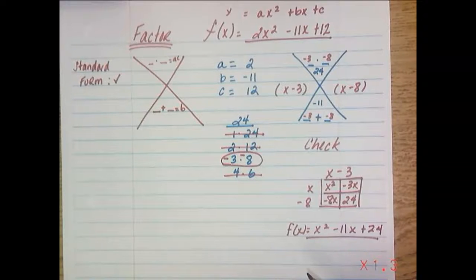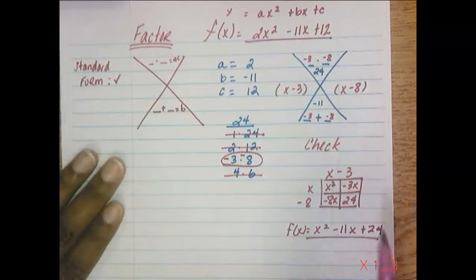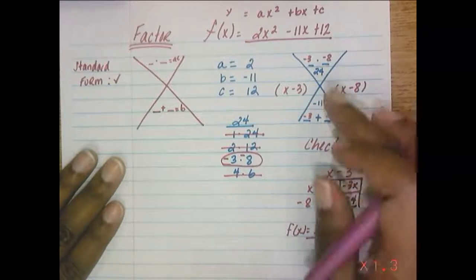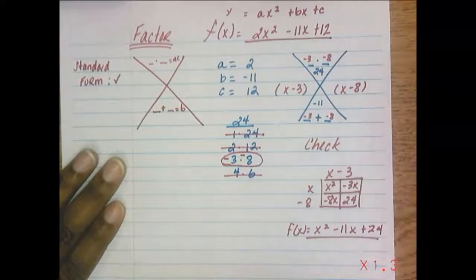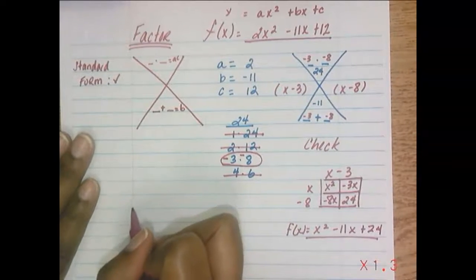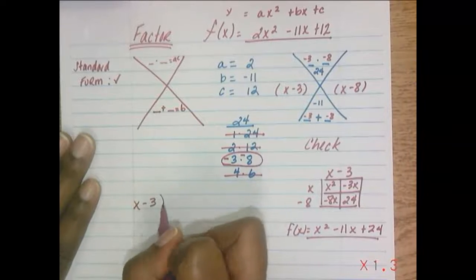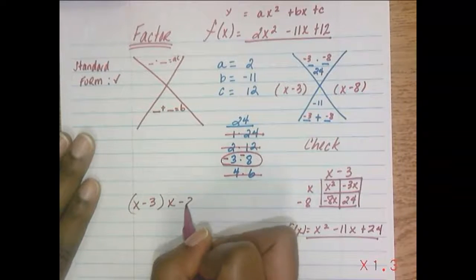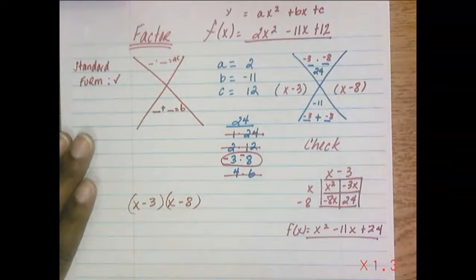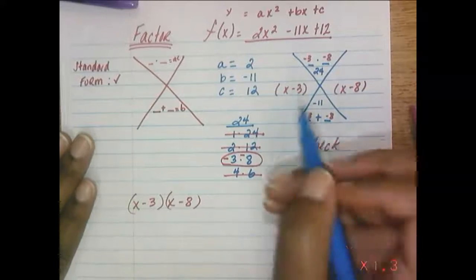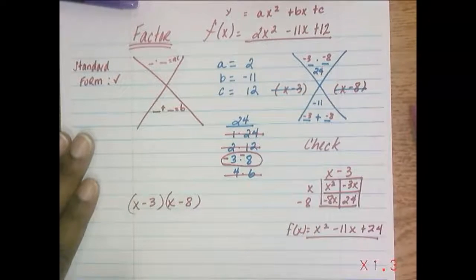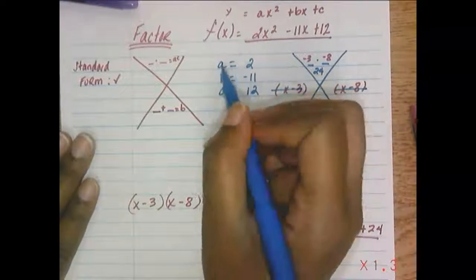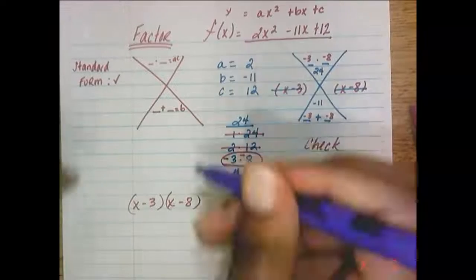So we would do this step anytime a does not equal 1. These two are not equivalent, so x minus 3 and x minus 8 are not going to be your factors. Okay, doesn't work. We never acknowledged this 2 here.